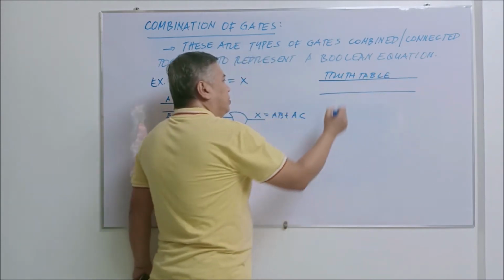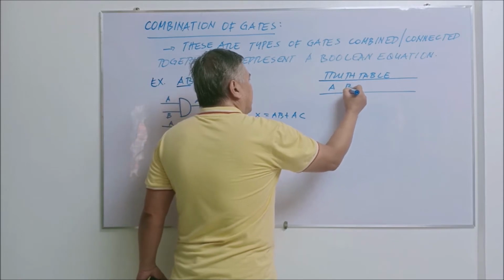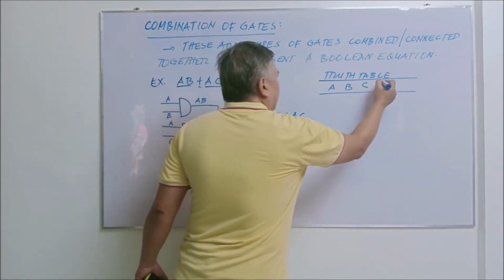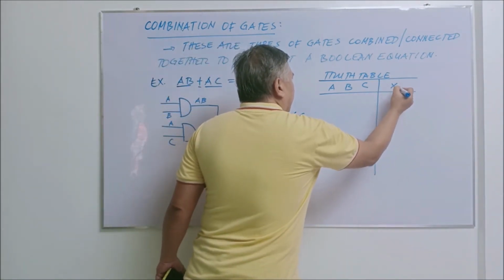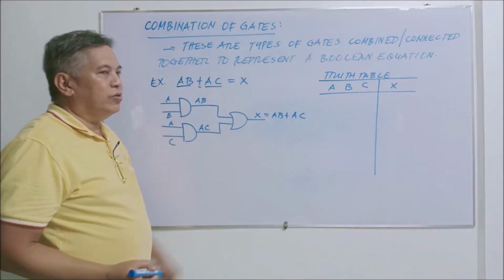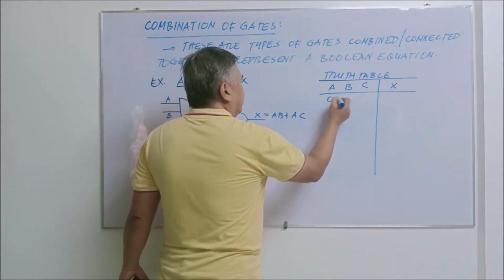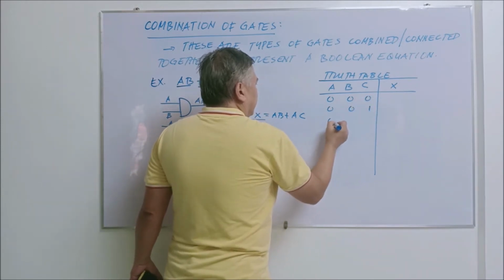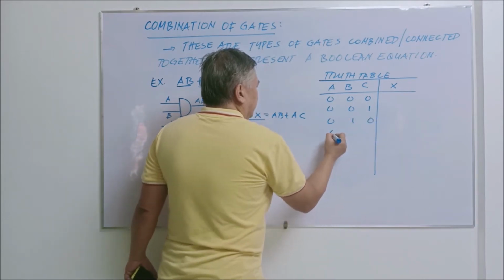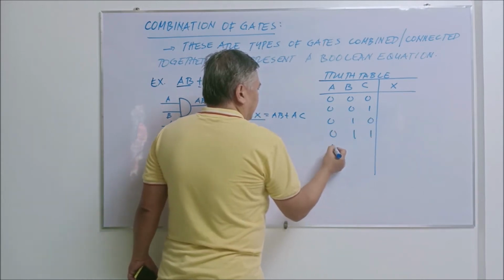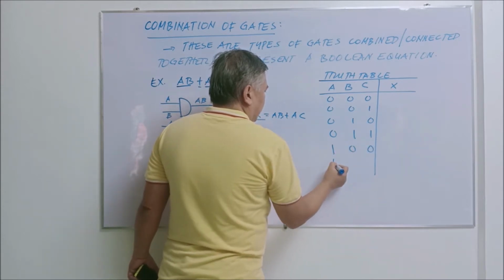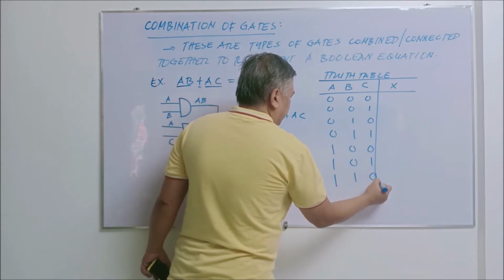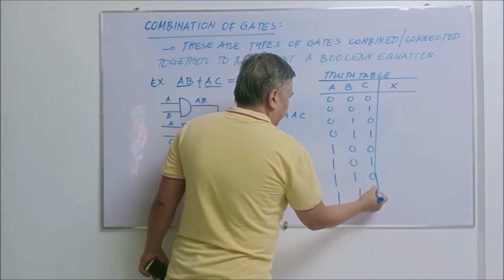Again, we have inputs A, B, and C, and the output is represented by X. The combinational values of A, B, and C are 0, 0, 0, 0, 0, 1, 0, 1, 0, 0, 1, 1, 1, 0, 0, 1, 0, 1, 1, 1, 0, and 1, 1, 1.